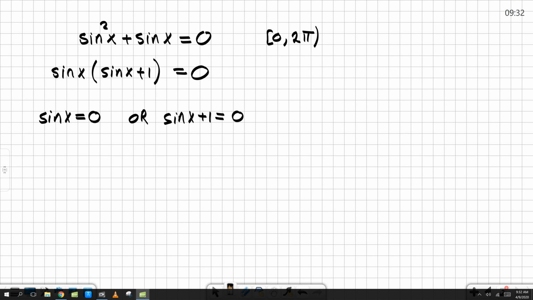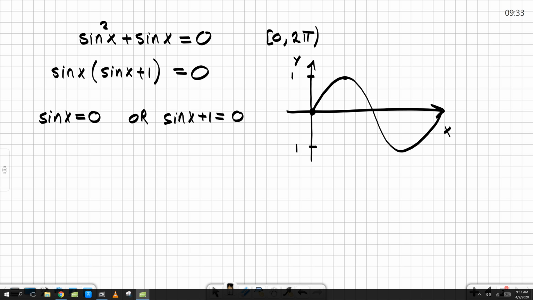In order to find the solutions, I could sketch my graph, unless I have memorized all of my sine values, but it is very quick and easy to sketch the graph of sine, which starts at 0, not quite like this, and looks roughly something of this form.